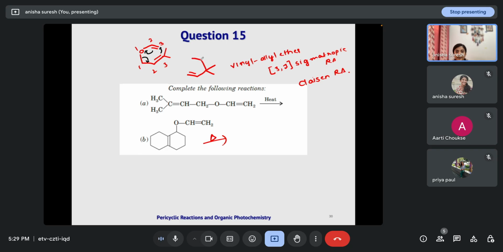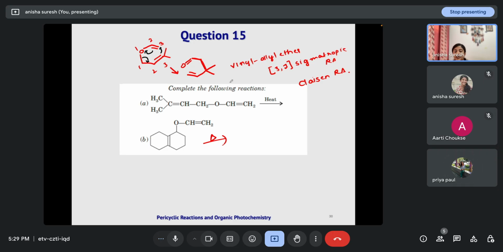One CH2 will be coming here and double bond O. So this will be the product that is formed after this 3,3 sigmatropic rearrangement or the Claisen rearrangement. Clear?